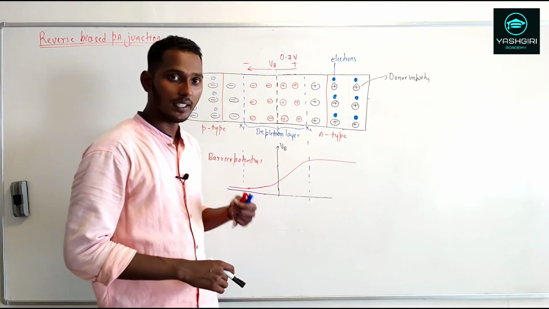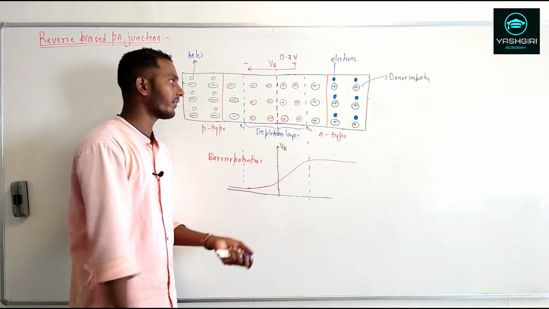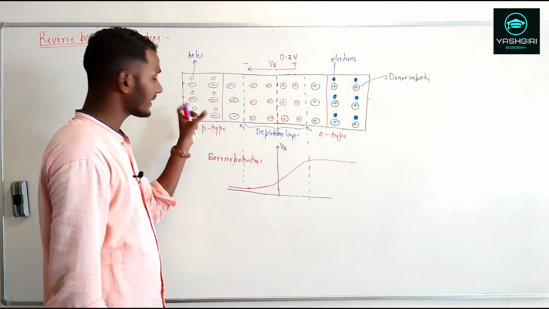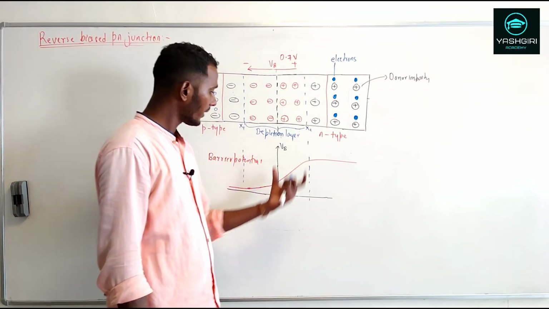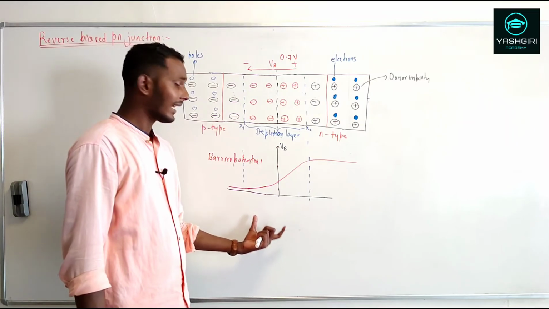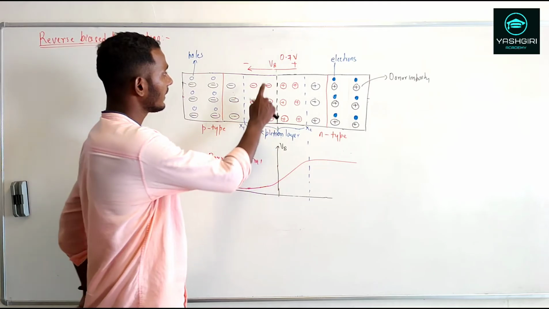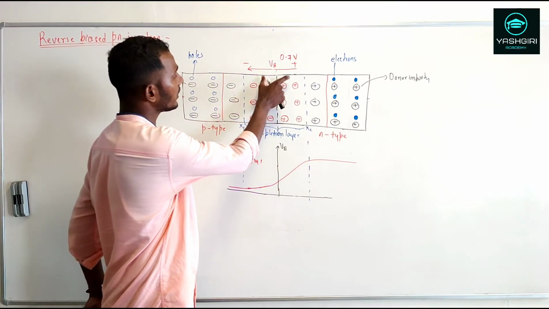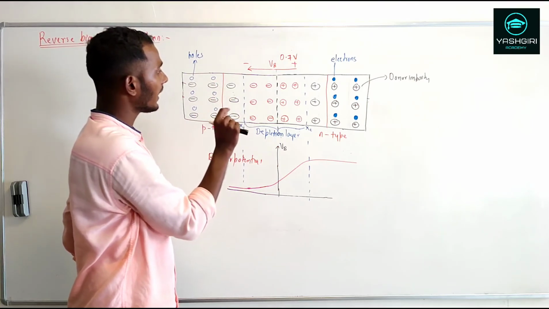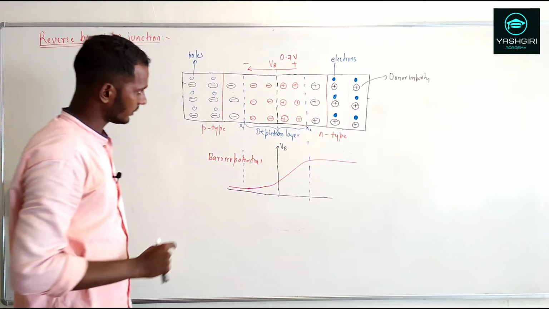Now let's see the reverse biasing of the PN junction. It's exactly the opposite of the forward biasing of the PN junction. Now here, what exactly is reverse biasing? When you connect an external DC supply in such a way that the electric field created due to that increases the potential barrier inside this junction, such that there is no flow of current in this PN junction diode.